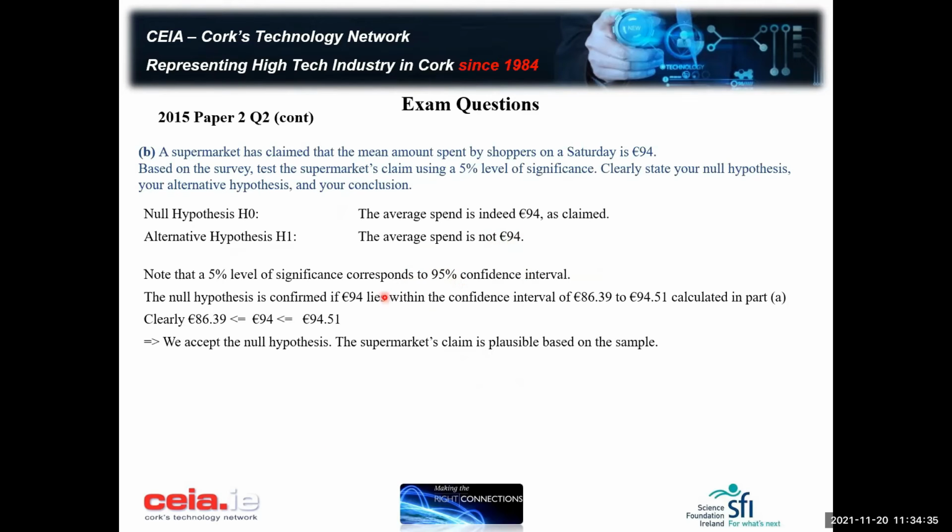And because 94 lies within this range, you can accept the null hypothesis and say that the supermarket's claim is plausible based on the sample. It's plausible that the true average is actually 94 based on the sample that you have measured.